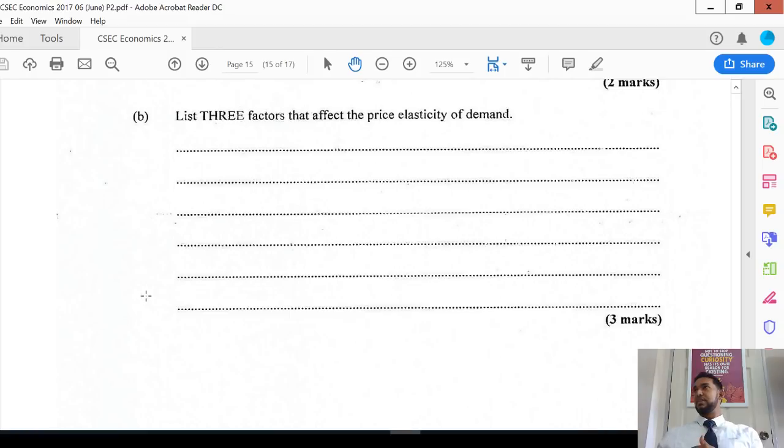If it's a large amount of expenditure, you might decrease it. N is necessity: even if price changes, you are not likely to demand much less. S was substitutes, and H was habit forming.